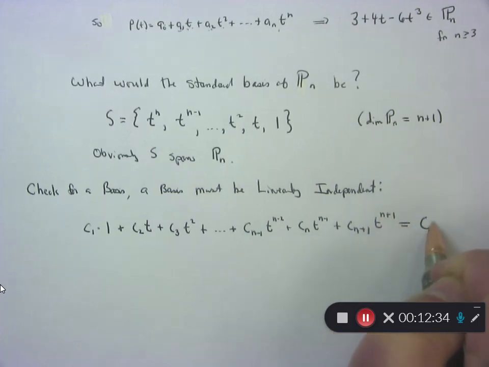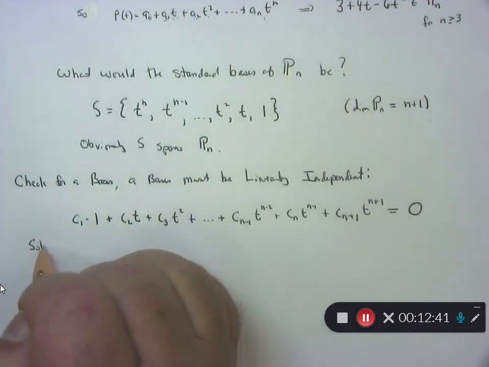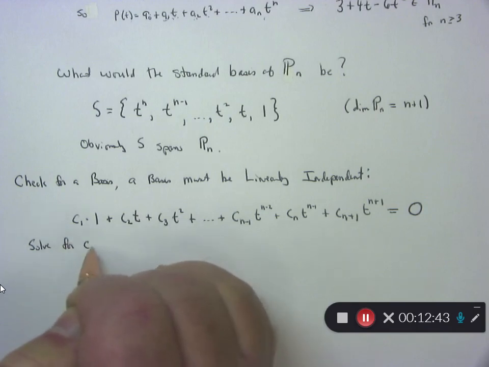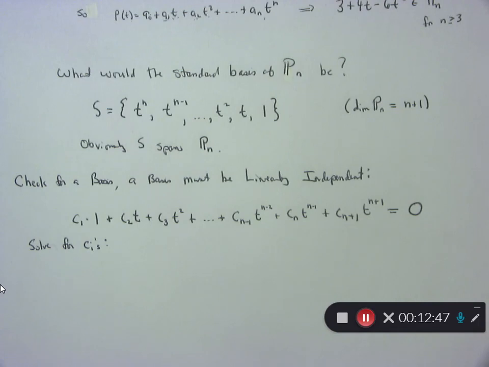I'm going to set it equal to 0. I want you to solve for the Ci's. What do they have to be? If you've got a polynomial that is always 0.